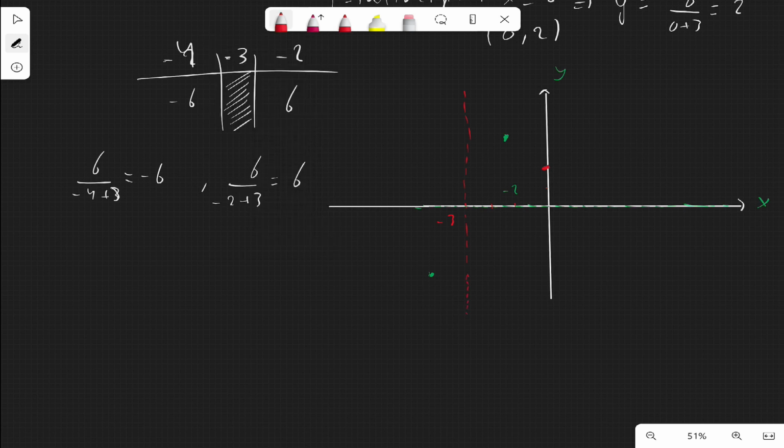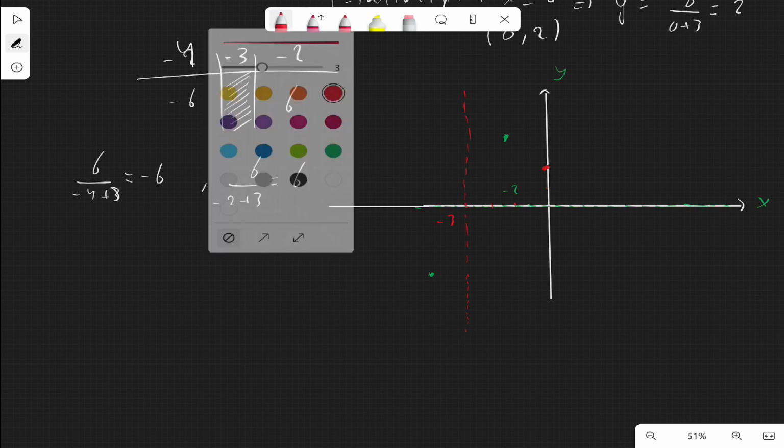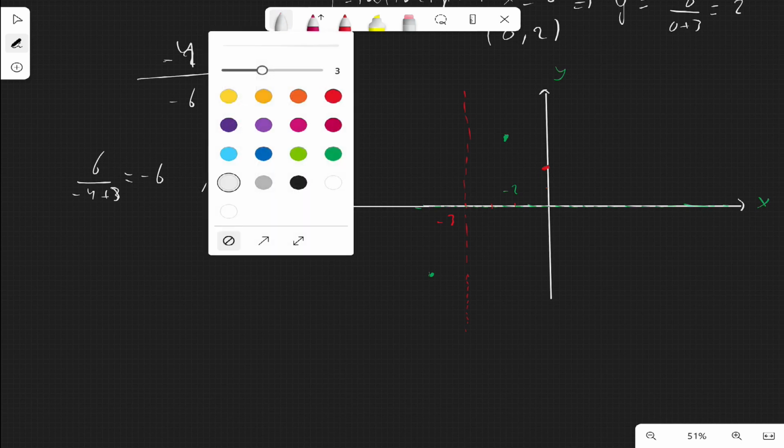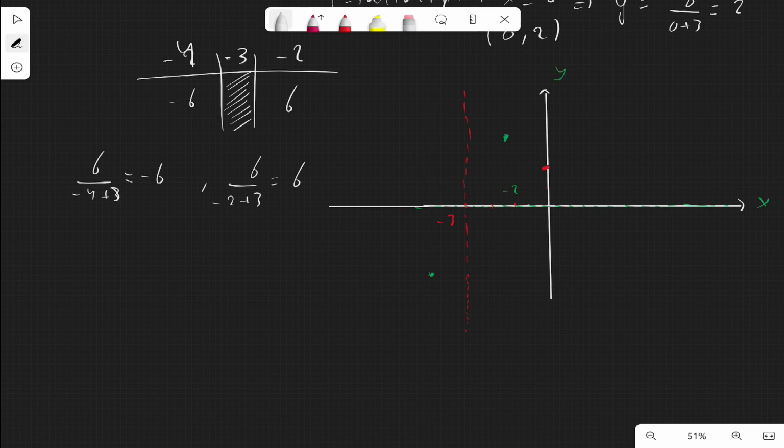As we mentioned, if you need more, you take more. But I think the branches are clear where to be. And remember that the branches are limited by the asymptotes.